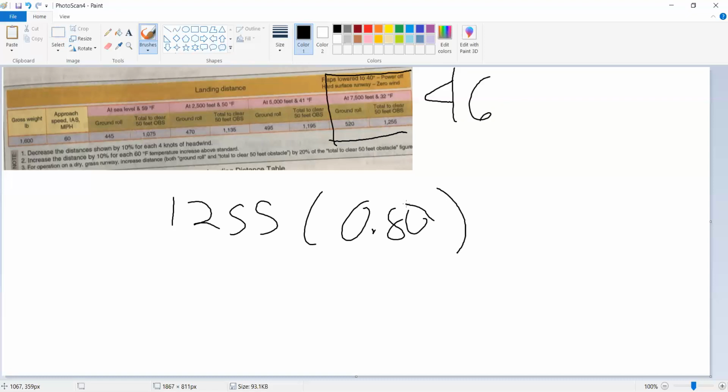We multiply that, and we should have our answer. And we're left with 1,004 feet. And that is our answer for 46. And that concludes that section.